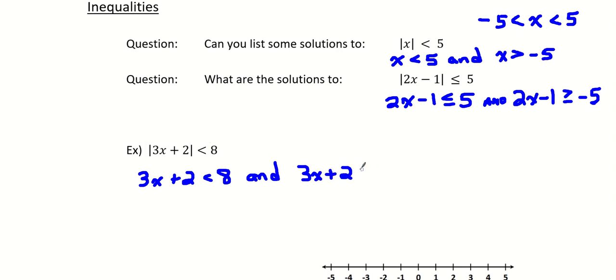But what does change is it's now going to be greater than negative 8. Now we're going to solve each one of these and make the graph. And look, the word is and. So I'm betting that it's going to be an in-between type graph. It's a pretty good bet.